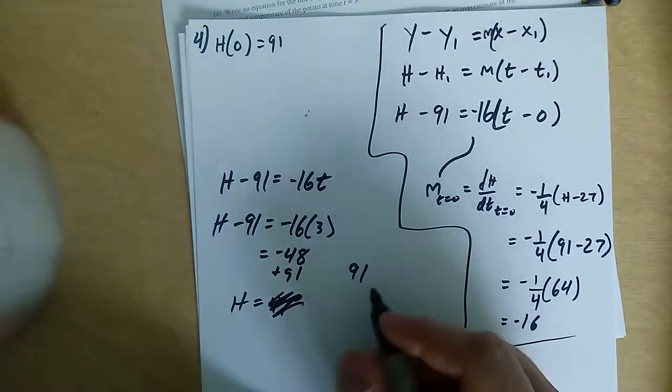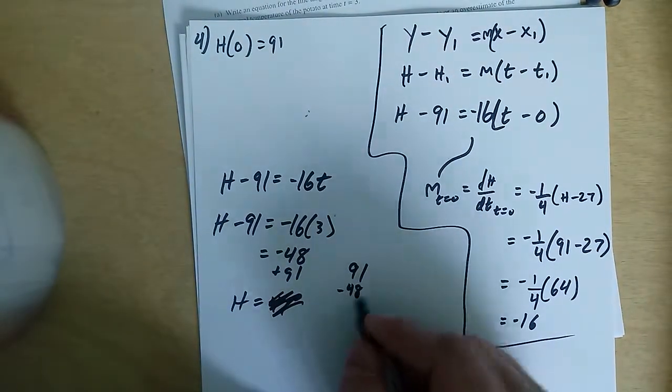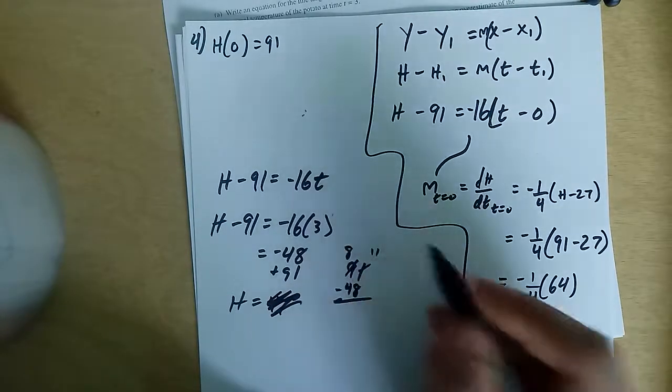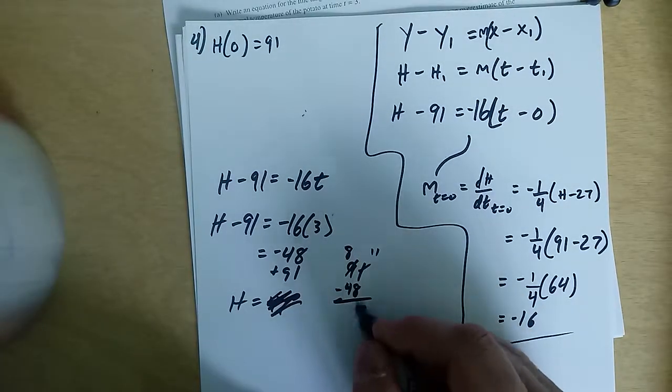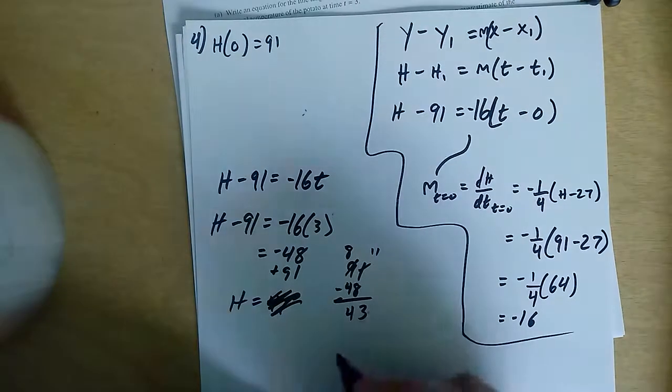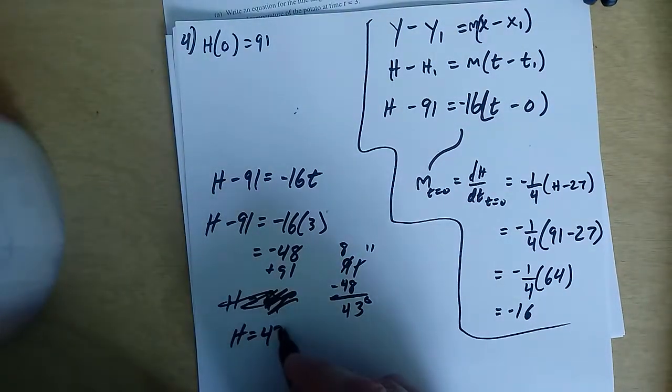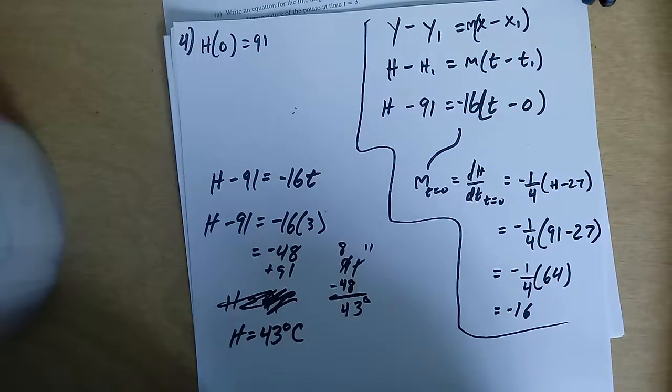Let's do 91 minus 48 and be a little bit more careful. So that's 11, that's 8. So 11 minus 8 is 3. 8 minus 4 is 4. Yes, I don't know how to subtract. Okay, so h is going to be equal to 43 degrees Celsius.